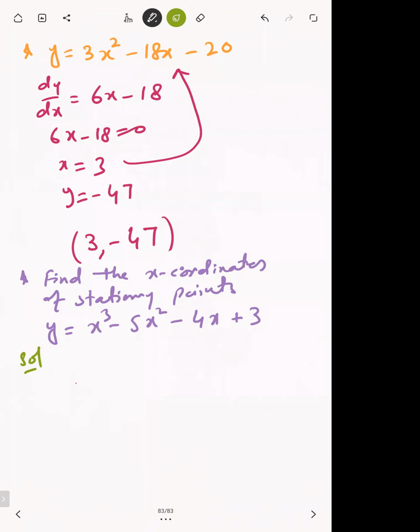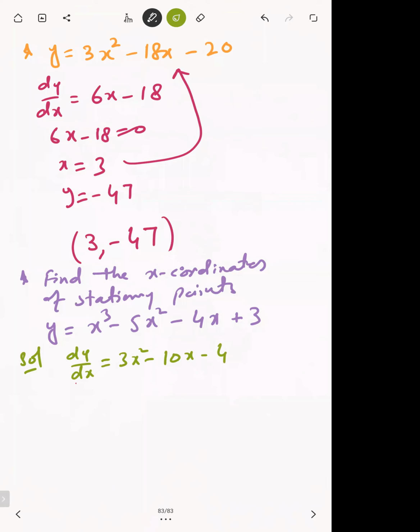Yes, any other? So if you differentiate this, you will get dy/dx = 3x squared - 10x - 4. Eva is getting 3.69 and -0.36.